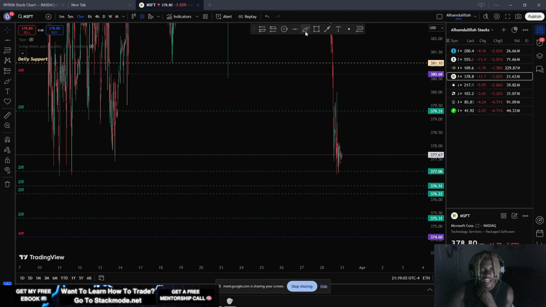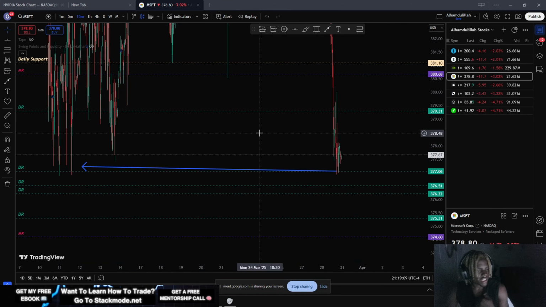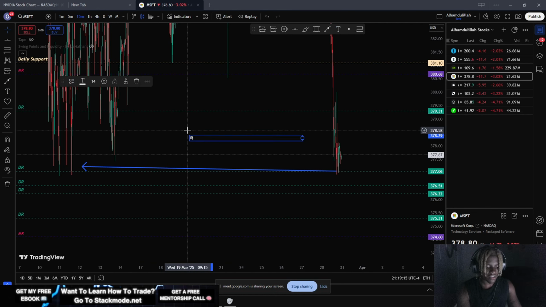So we see right here to the left how price is longing from this resistance right here, right? This is why we mark out the resistance, because resistance turns into support, and support can turn into resistance if there's not enough resistance structure.